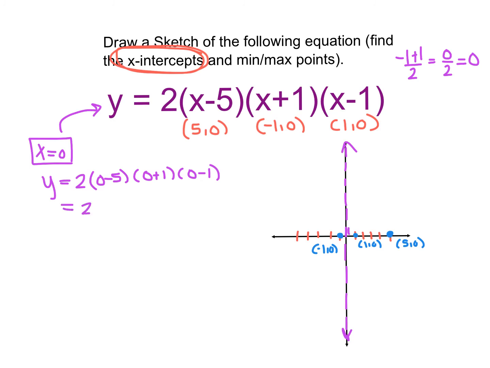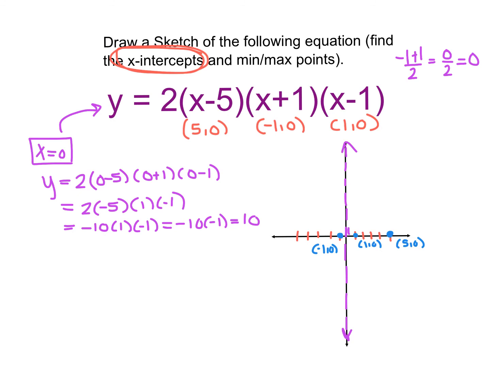So here I have 2, negative 5, 1, negative 1. This becomes 2 times negative 5 is negative 10, which times 1 is still a negative 10, which times negative 1 becomes a positive 10. So I can see here that I have a key point at x is 0, y is 10.